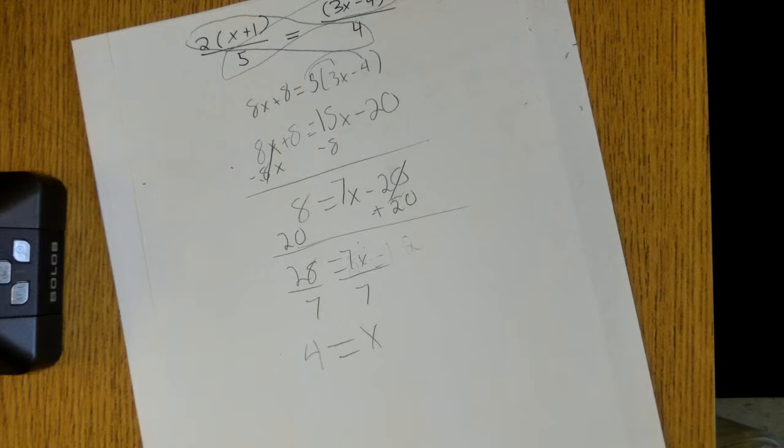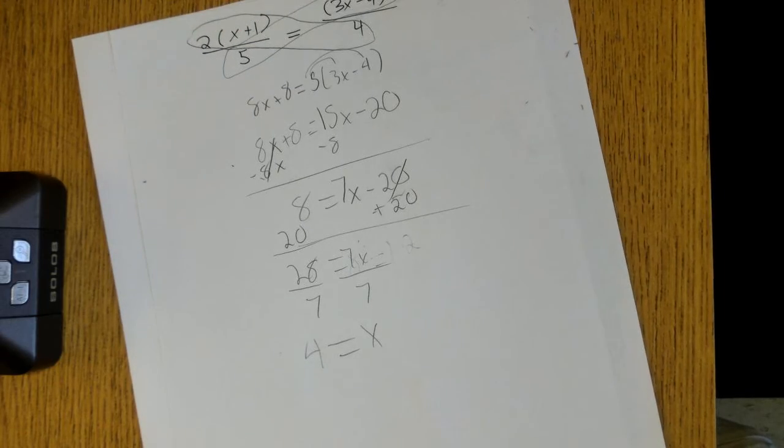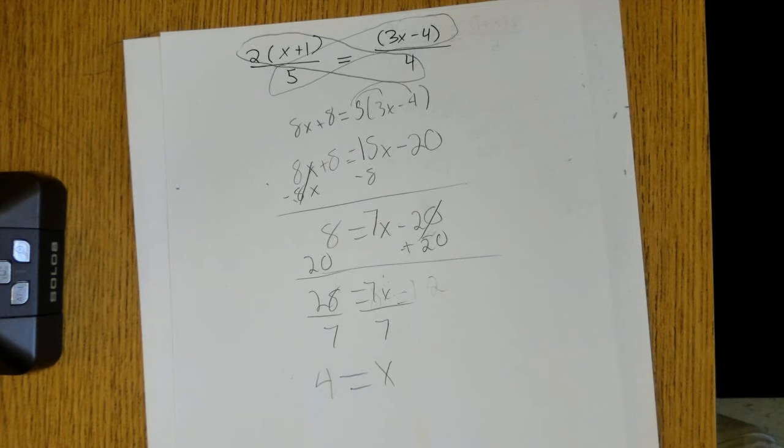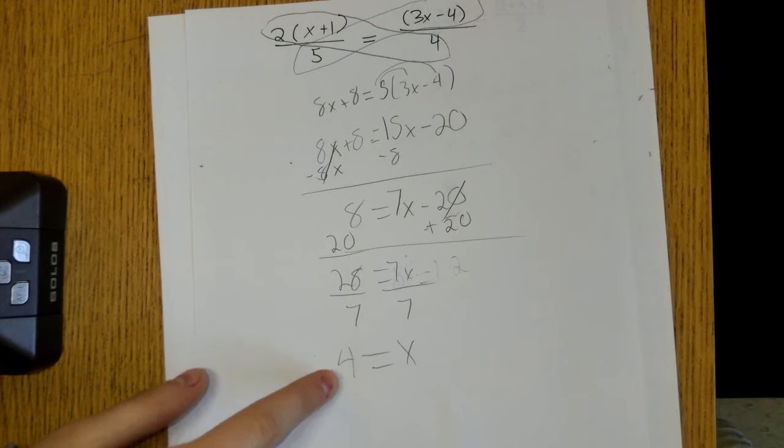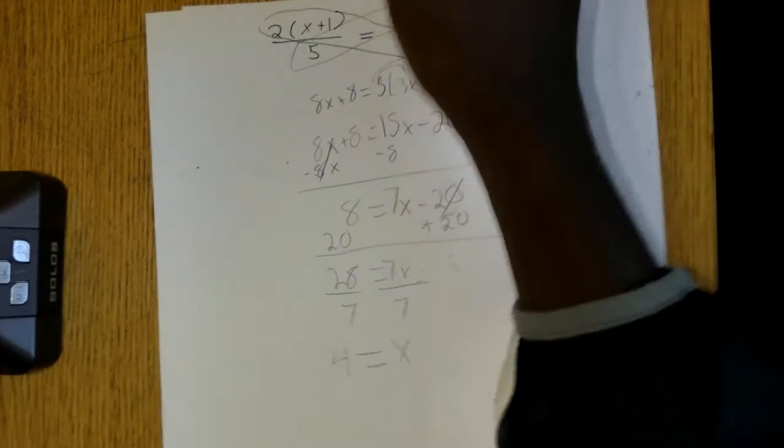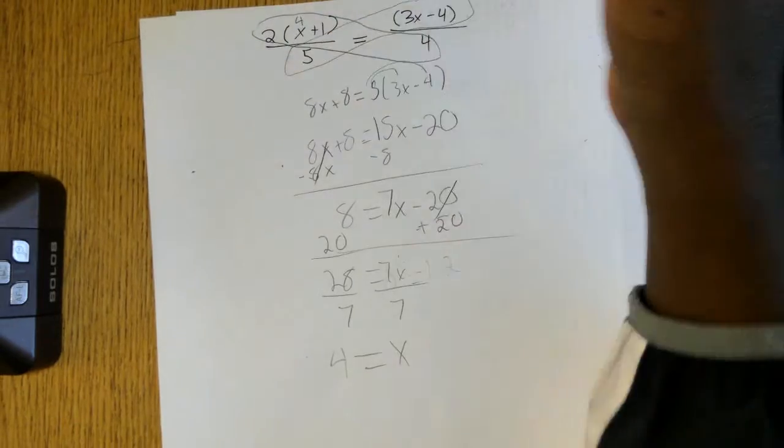So can you check your answer for me? How would you do that? So I know I'm plugging in x. Right. Okay, so can you do that for me? So you would just put the 4 for the x on both sides, right? Yes.